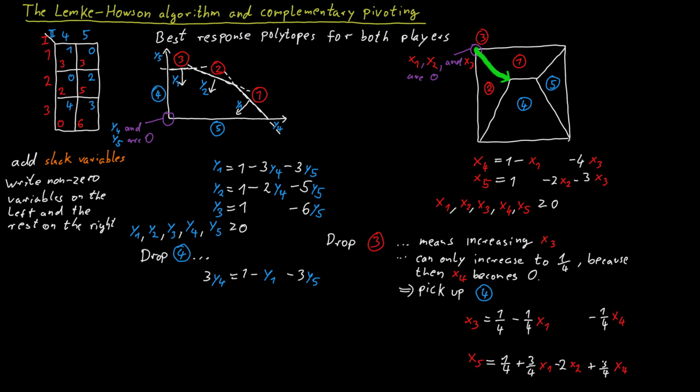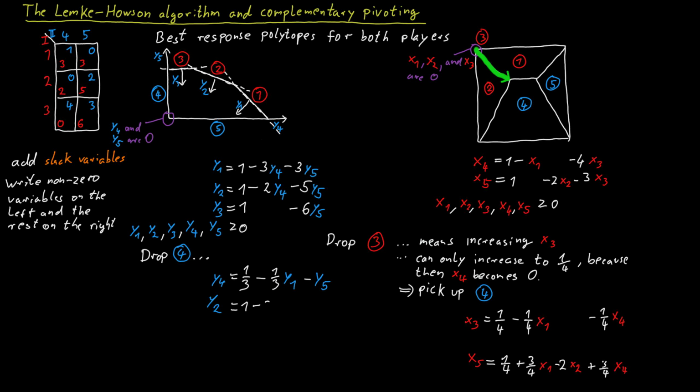Again, we don't want these coefficients, so we just divide by 3, and we write it a bit nicer, and we get that y4 is equal to 1/3 minus 1/3 y1 minus y5. And then the second equality basically stays the same, except that we want to get rid of y4 on the right side.